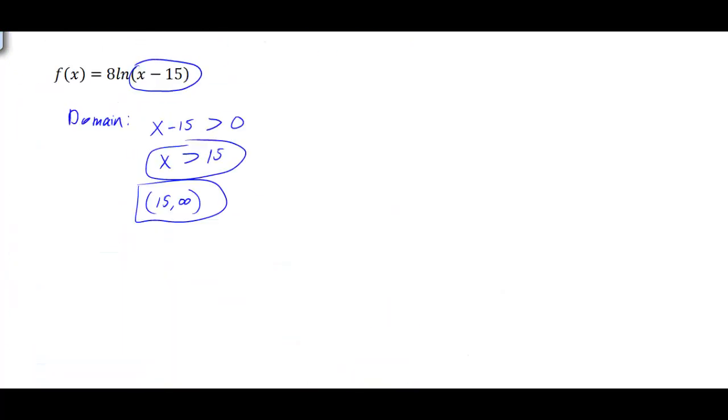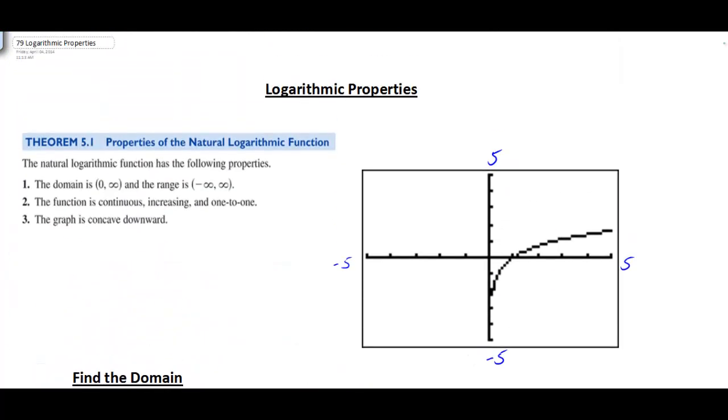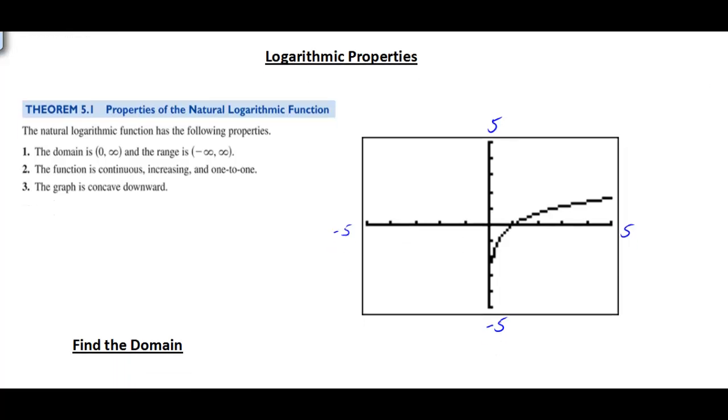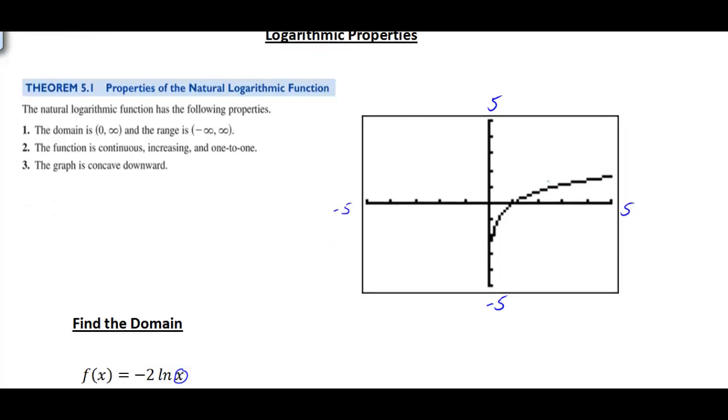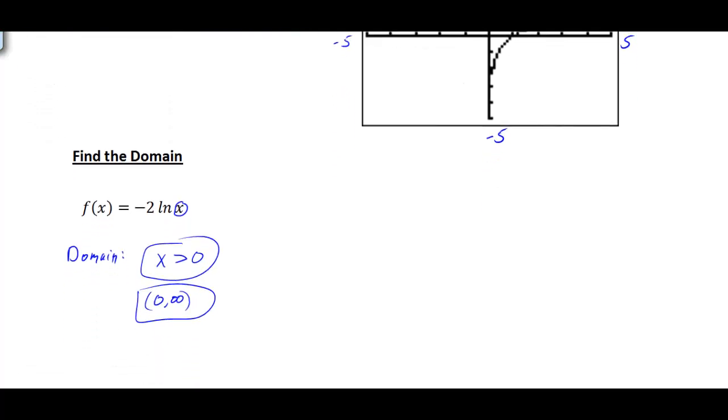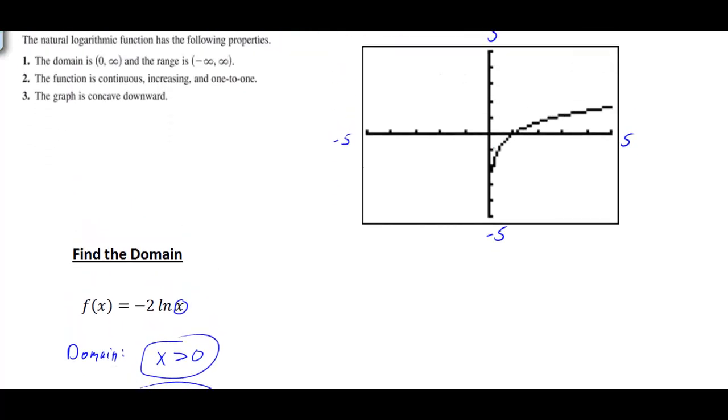Really what I want you to realize from this is to review a little bit of your properties of logarithms, recall the domain and range of the natural log function, and realize that we cannot take the natural log of 0 or negative numbers. It has to be greater than 0.